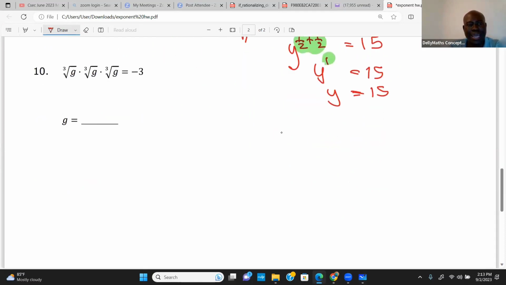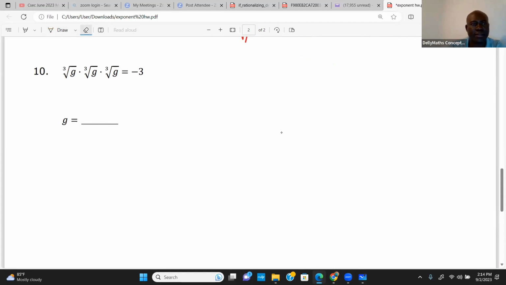Let's take a closer look at the last one here. Now, in this one, what we're looking at is the cubic root of g, and there were 3 of them that were multiplying. One of the ways that I could have looked at this, my solution 1, is the third root of g times g times g, which means it's g to the third, and this is equal to -3.